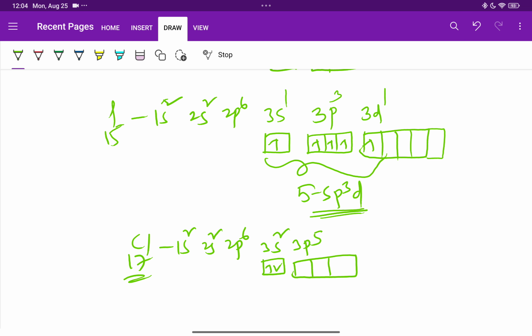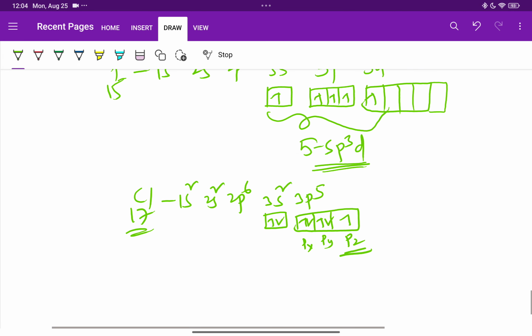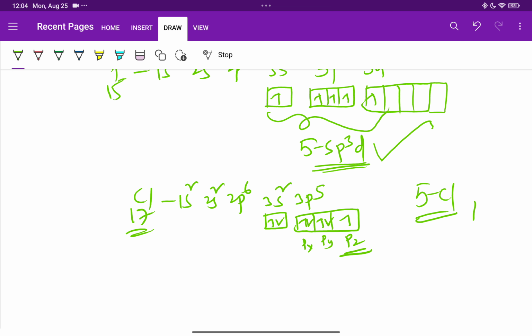To get an octet it requires only 1 electron. So pz, py, px: pz has the unpaired electron. So phosphorus's 5 sp3d hybrid orbitals overlap with 5 chlorines' pz orbitals.